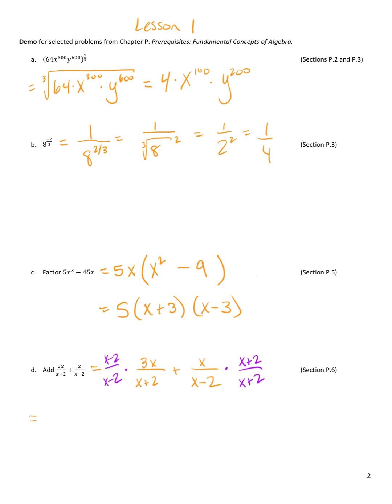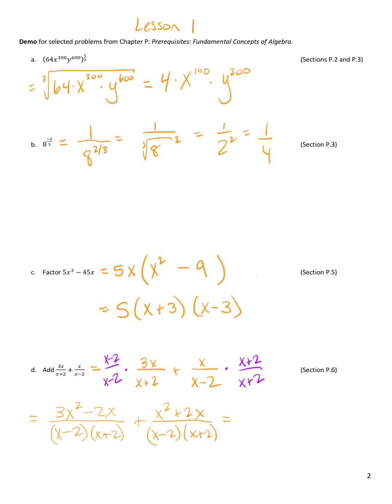So on the top, I have 3x squared minus 2x. Just distributed that 3x to my x minus 2. And on the bottom, I have x minus 2 times x plus 2. And then my second fraction is going to be x squared plus 2x over x minus 2 times x plus 2.